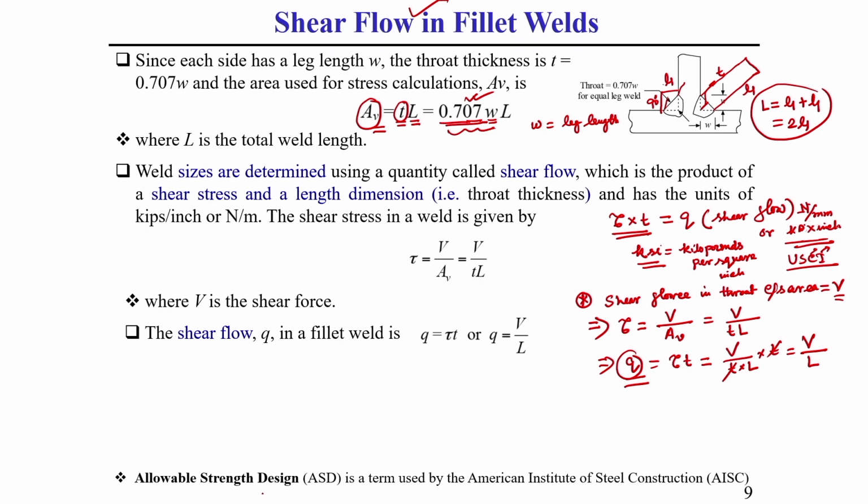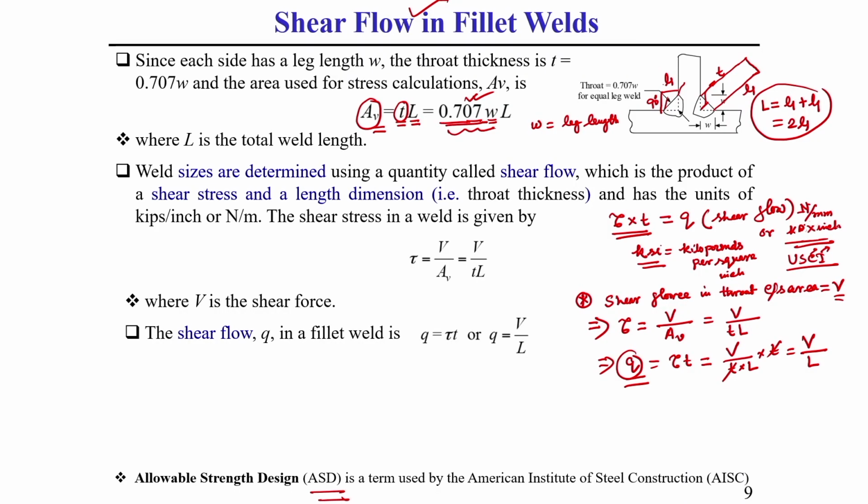Based on this maximum resultant shear flow, generally we will decide whether that welded joint is sufficient to sustain that load or not. For that, the allowable strength design was developed by AISC, the American Institute of Steel Construction.